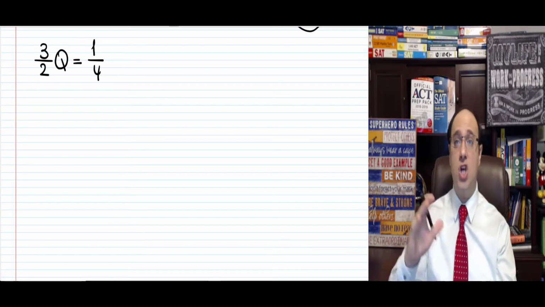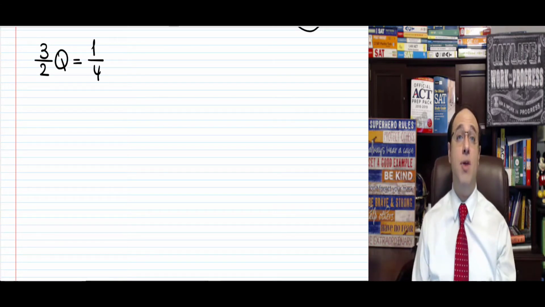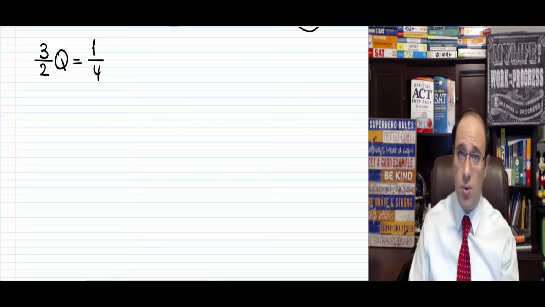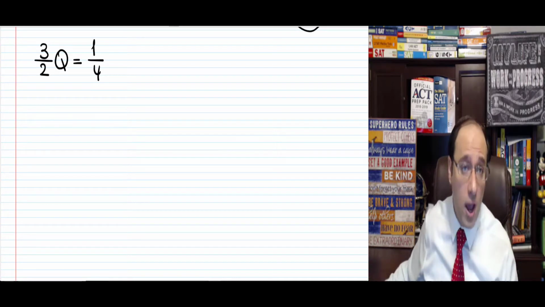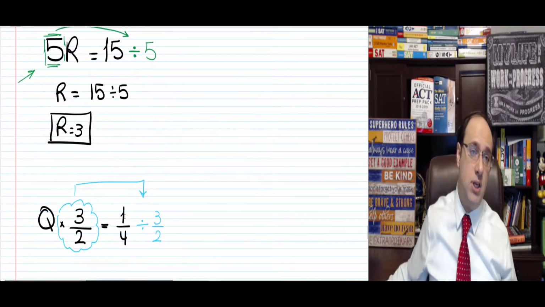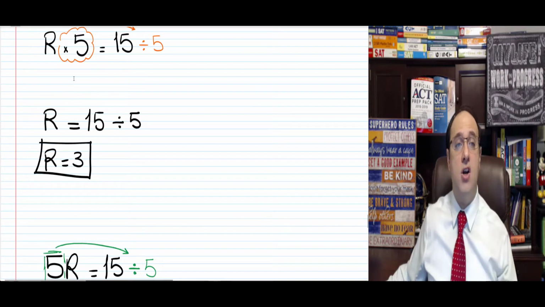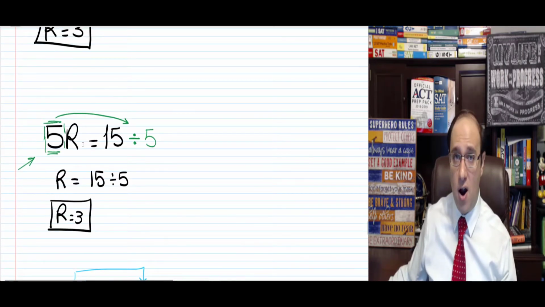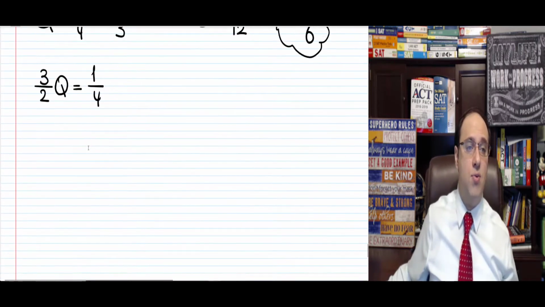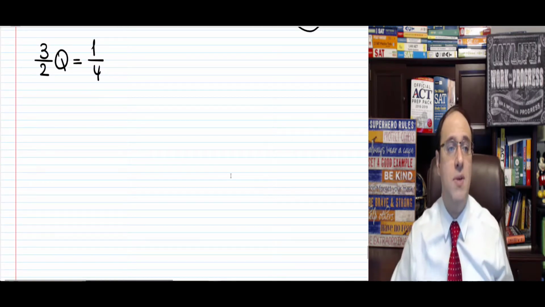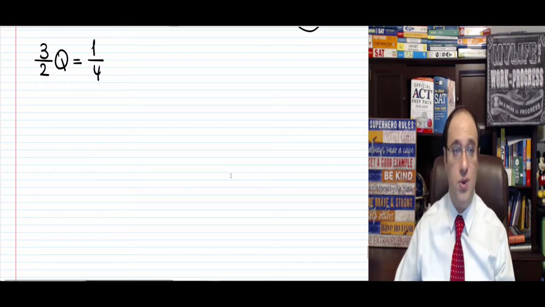And any number times q is the same thing as q times the number. Just like we did a little while ago. Look here, let's remember together. We said that r times 5 is the same as 5r. So right here, when I say 3 over 2q, that means q times 3 over 2.